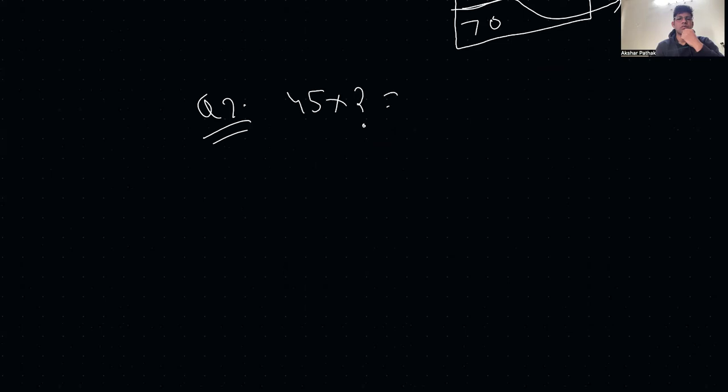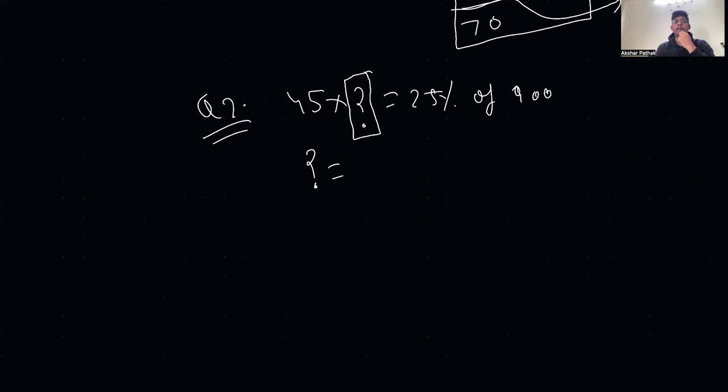Now let me search for a good question for you. Not a very good question, but still, you are given this equation. Can you find the answer? How will you write 25%? I just told you, 25 by 100 or 1 by 4.